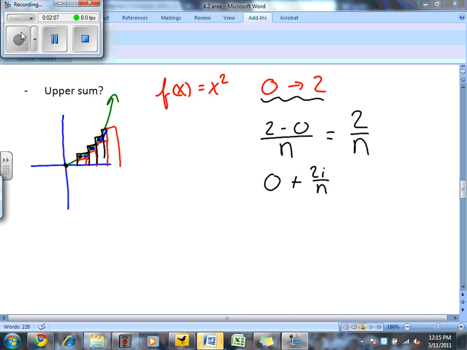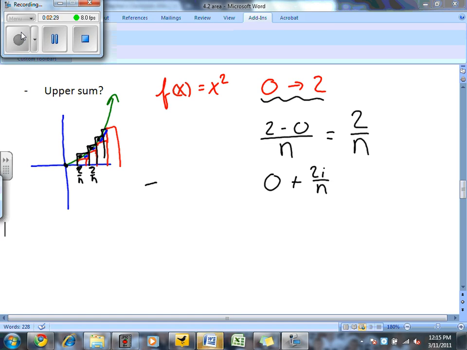That was going to be our endpoints. So we're breaking it into n intervals of 2 over n.